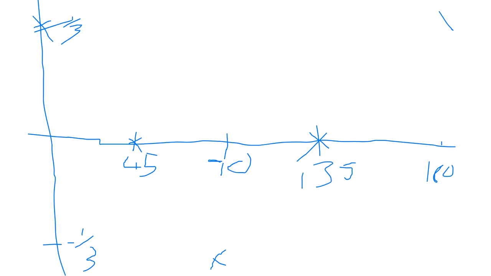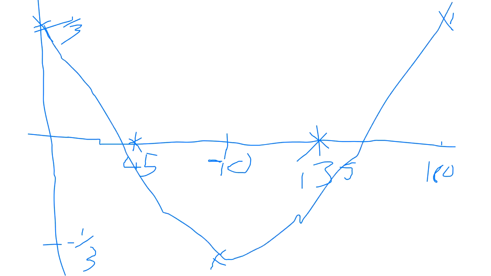Then you draw your graph like this. But please, let us remember that this is not our graph, because our graph is supposed to shift 30 degrees to the left. So here you have 0 and 1/3.